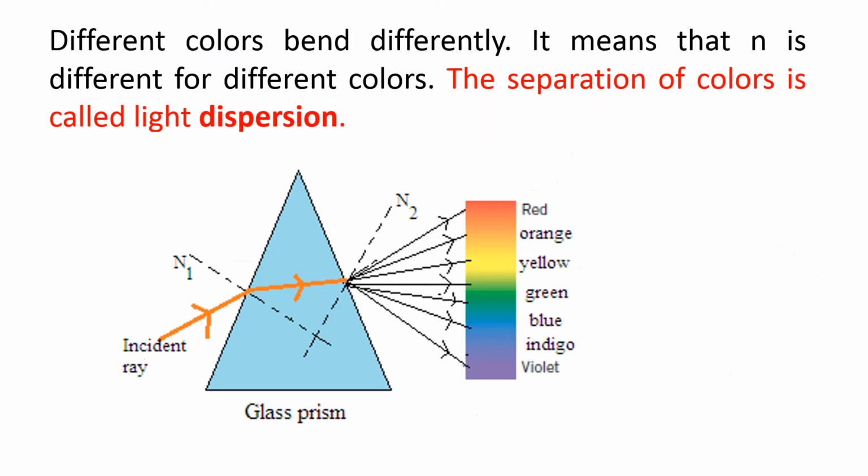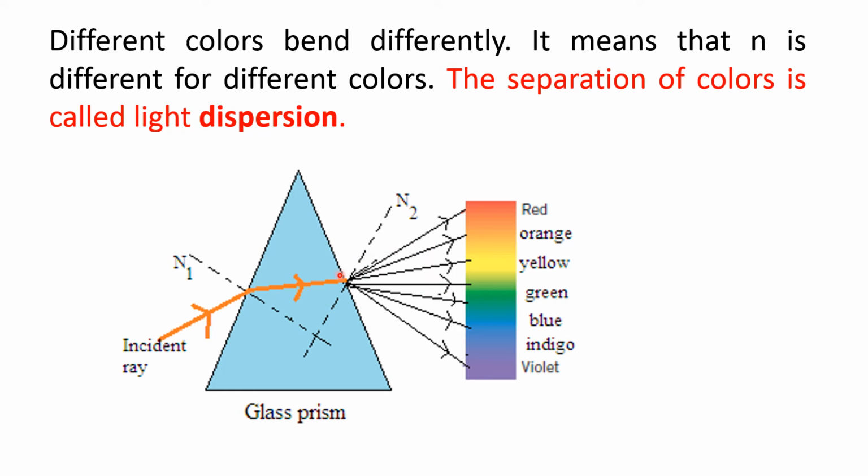Then the dispersion of white light is the way when white light is incident on the glass prism, it first deviates within the prism, and at the point of emergence, this white light is separated into a spectrum of 7 colors: red, orange, yellow, green, blue, indigo, and violet.